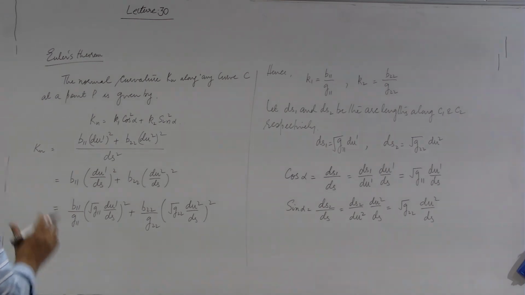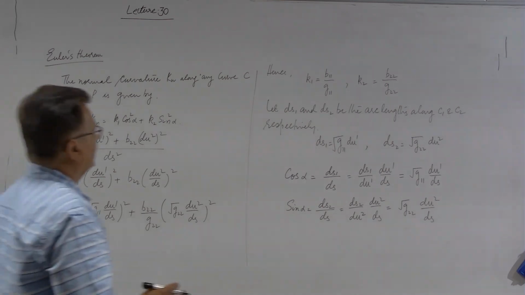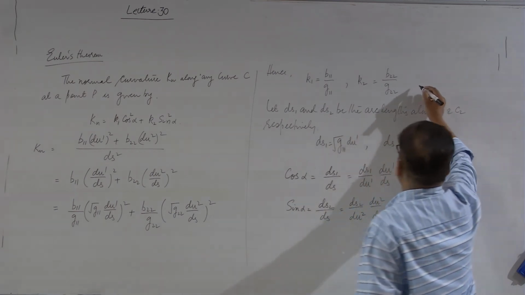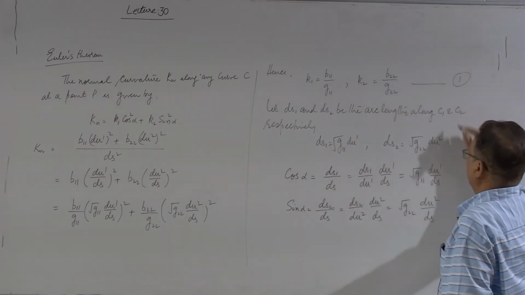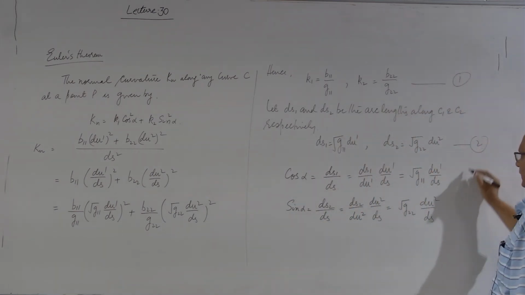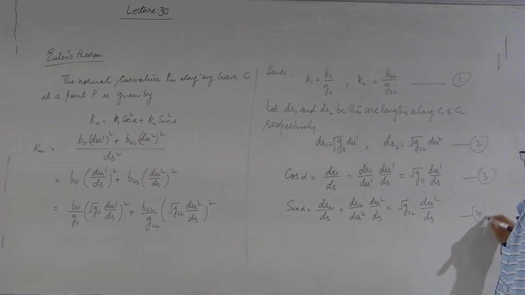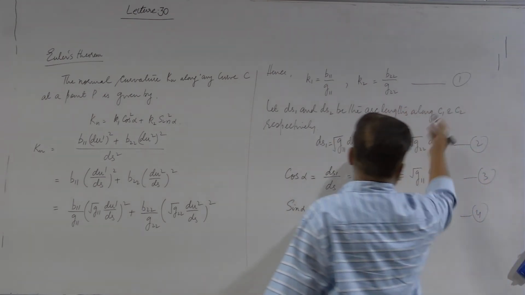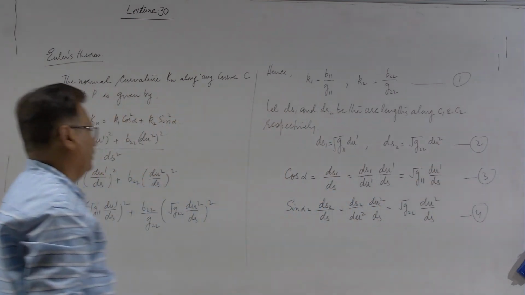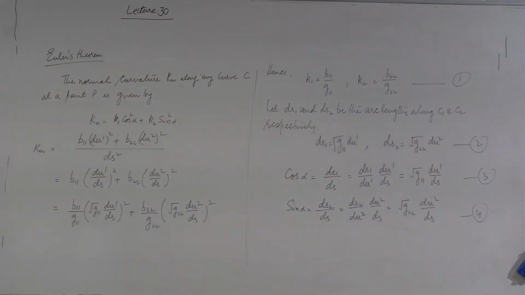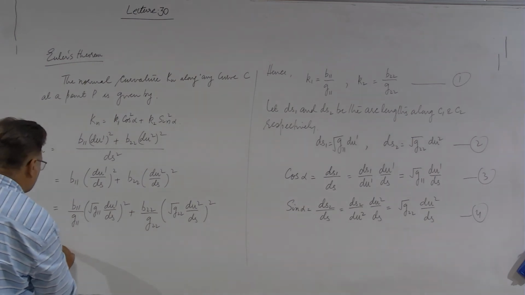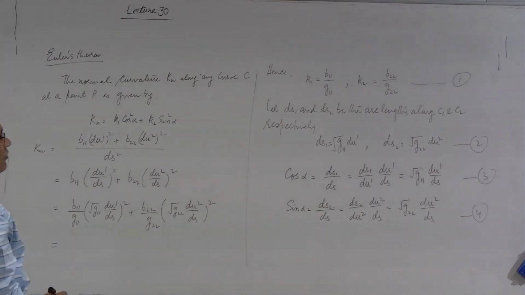Look at what you have: so many relations, number 1, number 2, number 3, number 4. Make use of them here. b11 upon g11 is k 1.